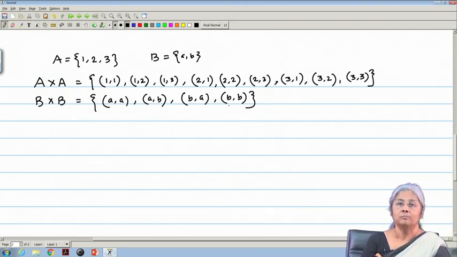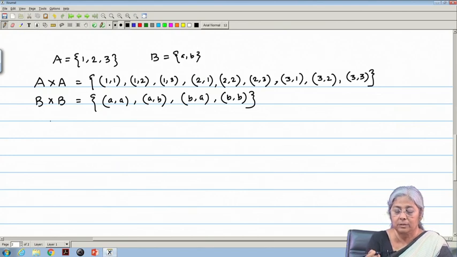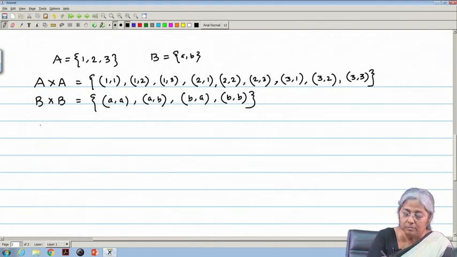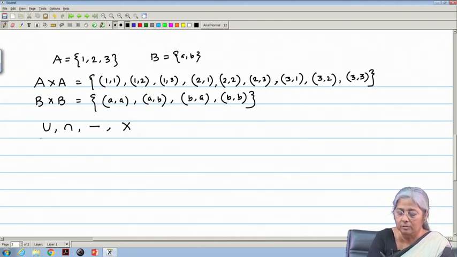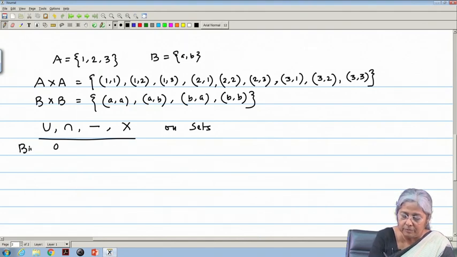So, again this is a binary operation like set union, set intersection, set difference. So, we have read the 4 binary operations on sets: union, intersection, difference and the Cartesian product.